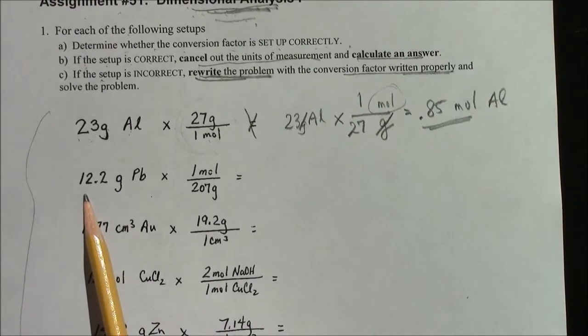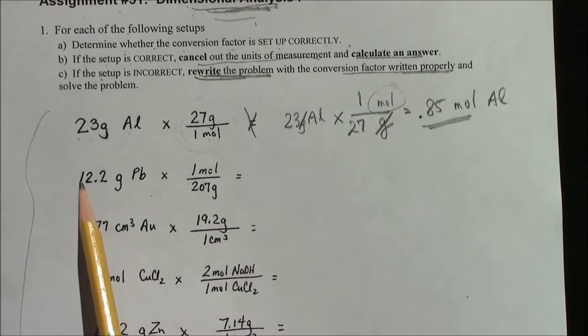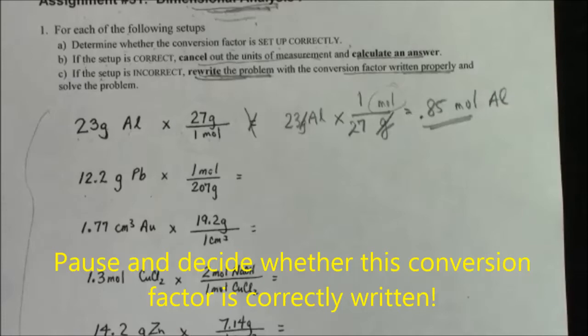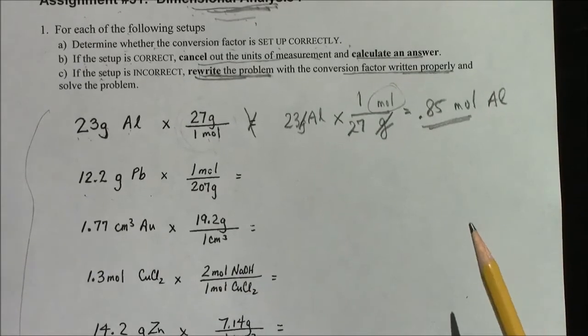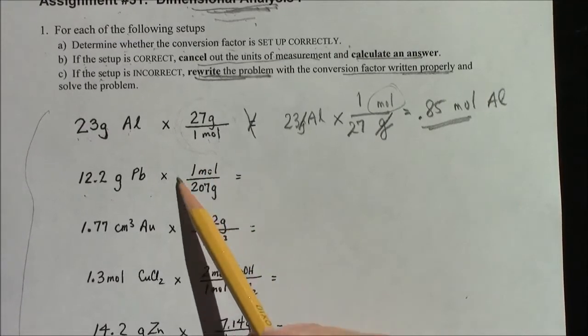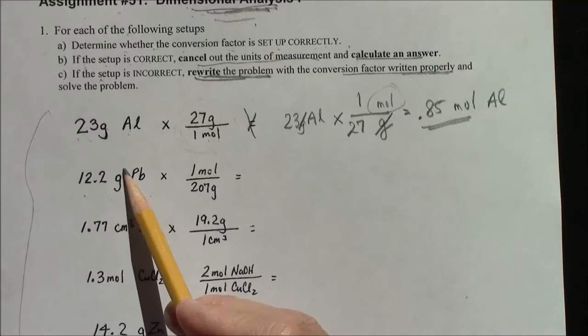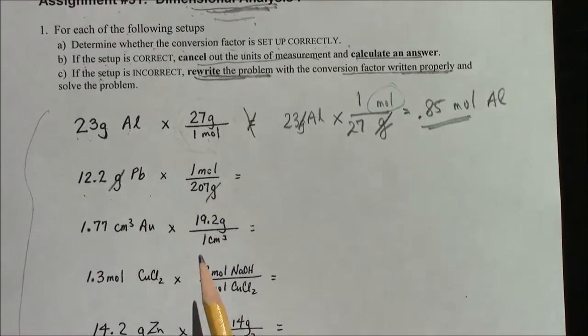Looking at the second example, try to decide yourself, is this correctly written or not? Once again, this conversion factor is a molar mass. In this case, it is correctly written. Grams will cancel grams. I don't need to rewrite anything.